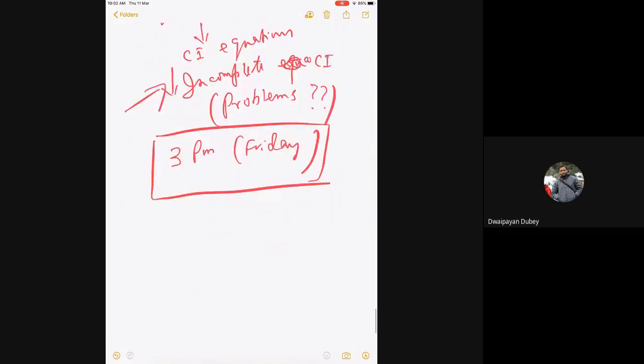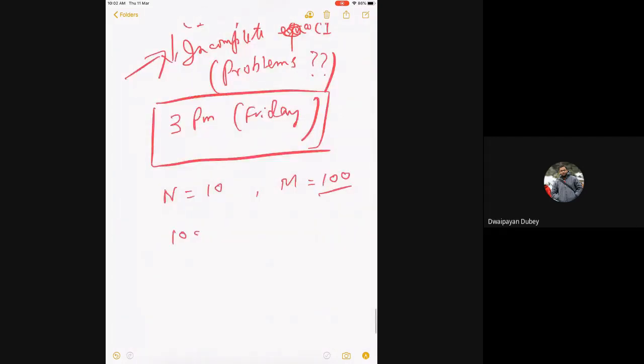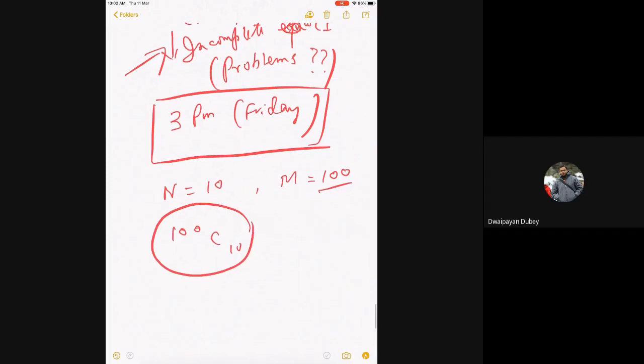I think you can very easily see, if I have a 10 electron problem like water, and your basis is just 100, which is a very good basis, of course, you can see what is 100 C10. I think all of you can do this exercise very easily. It's 100 factorial by 10 factorial, 90 factorial. Even if 90 factorial cancels, you'll have 91 into 92 up to 100 divided by 10 factorial. Please do this calculation.